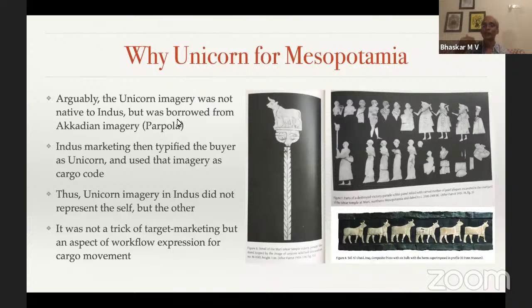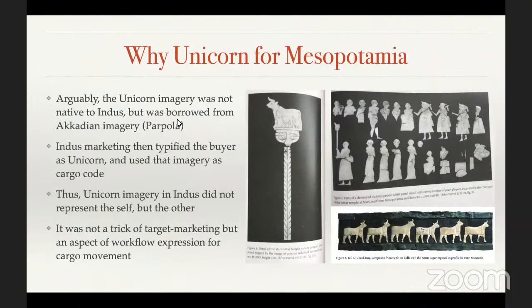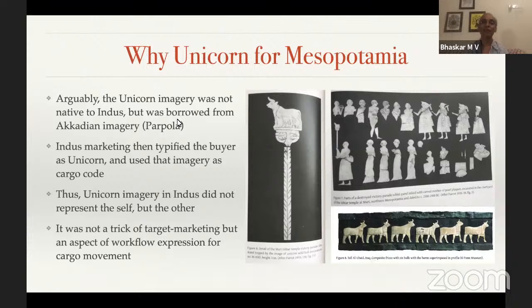So the argument is that Indus people must have seen this, must have been exposed to the Akkadian imagery of the unicorn, and then Indus marketing typified the buyer or caricatured the buyer as unicorn, and then used that imagery as cargo code.